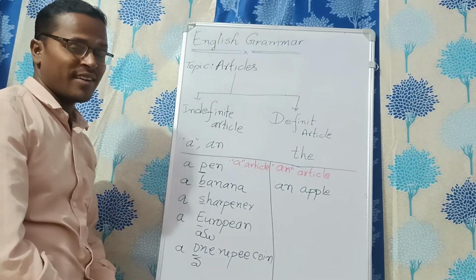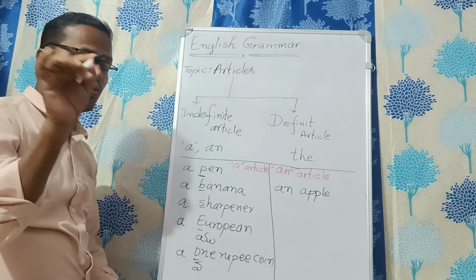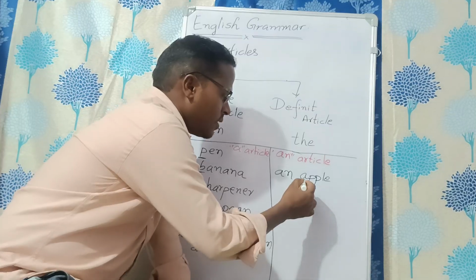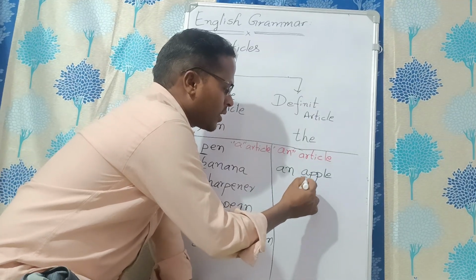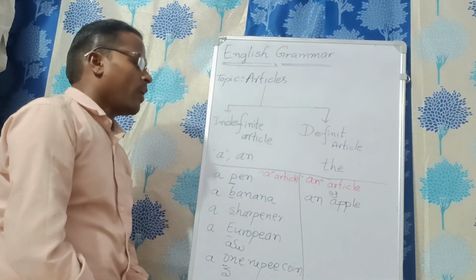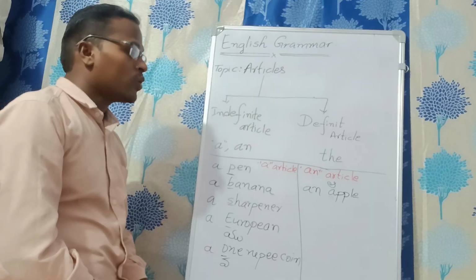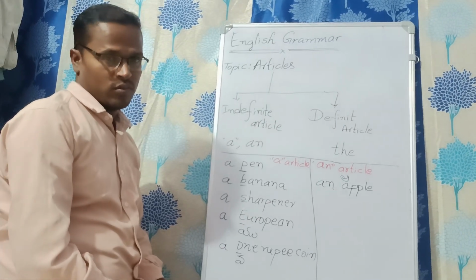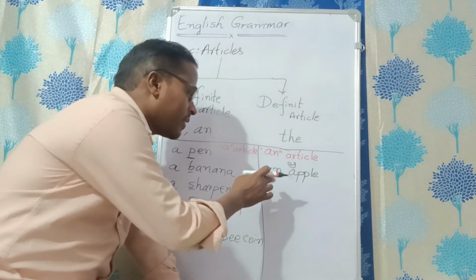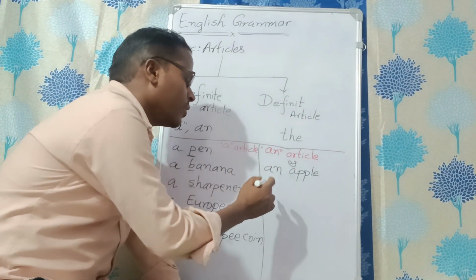You don't concentrate on the letter, you have to focus on sound. As I said just now, vowel sounds come under the Achulu, so it is considered a vowel sound.